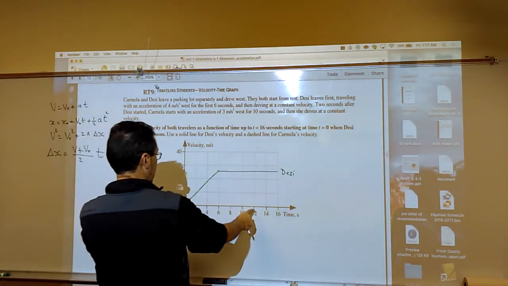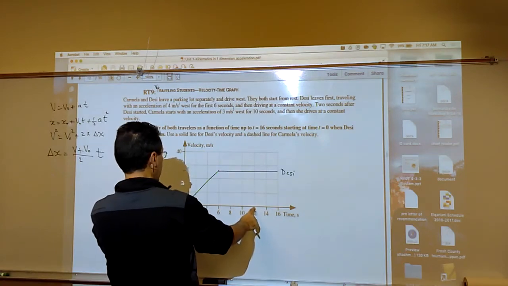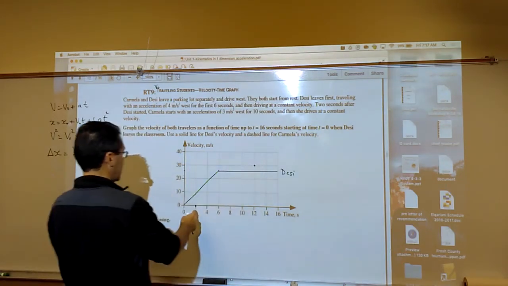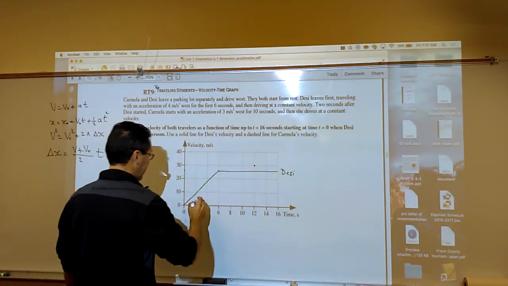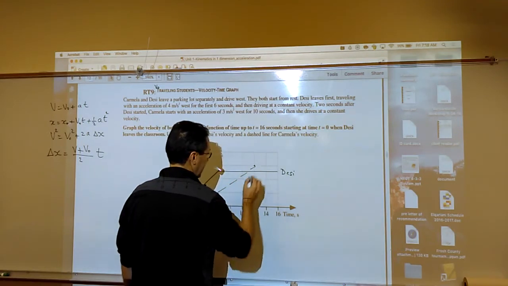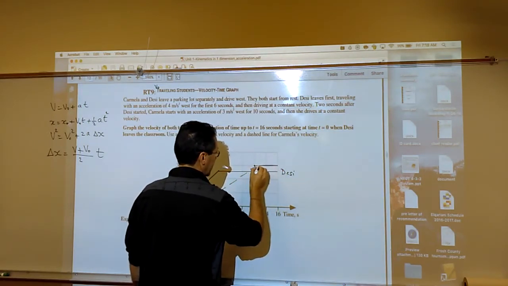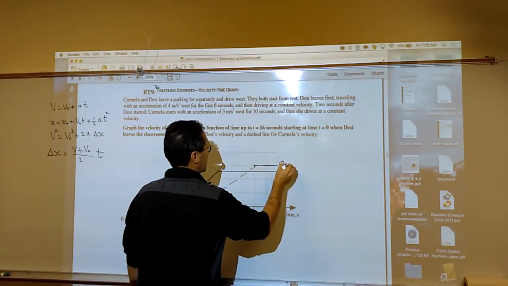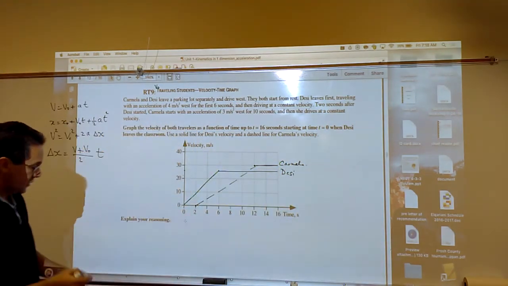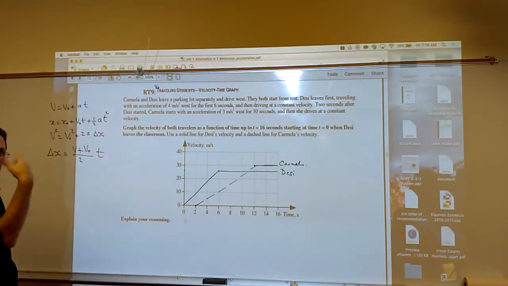She does it for 10 seconds, so she's going to go up to 12. So it's 30 over 10, yep. And then continue at a constant velocity. And this is Carmela. And the reasoning for the explanation is what I said verbally.